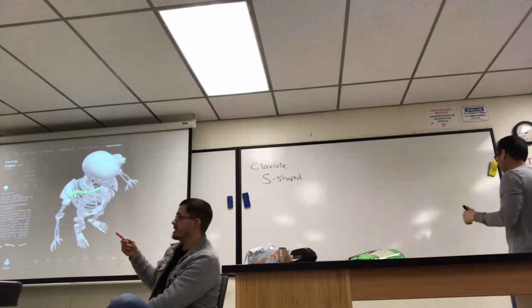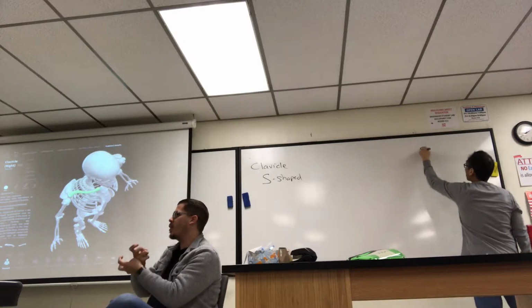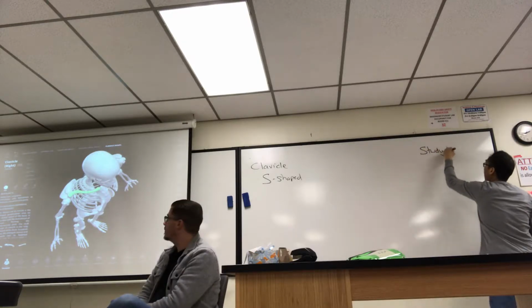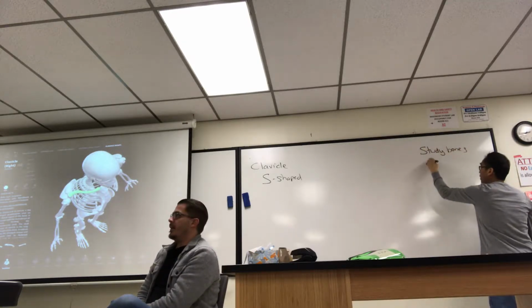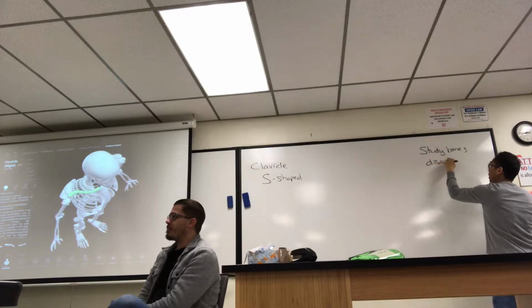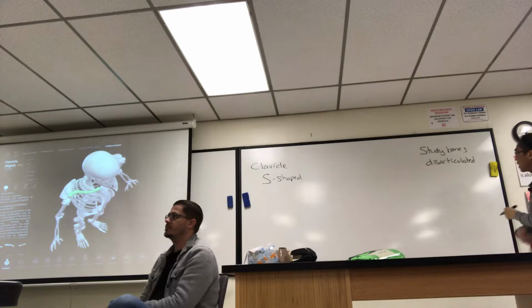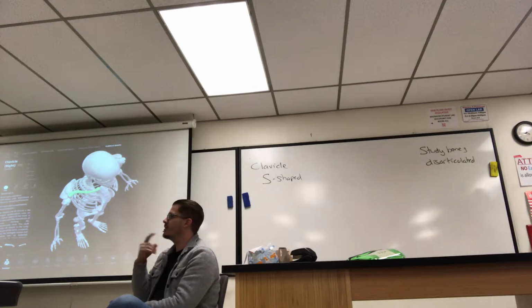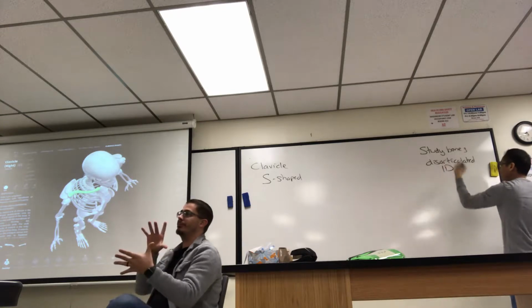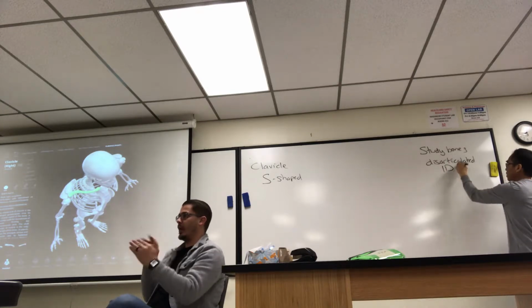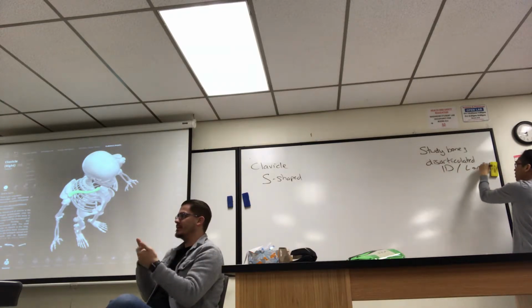So we're learning how to study bones disarticulated. And when it's disarticulated, be able to ID the bone and name it. Oh yeah, that's a clavicle. But also know, is it left or right?